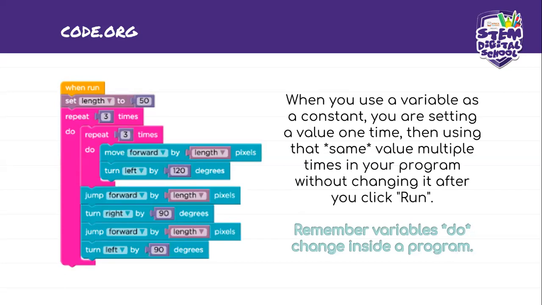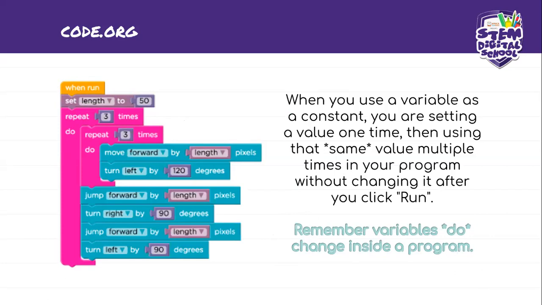But we have to remember, variables do change inside a program. Like the example I gave you of age: every year you want the age to be plus 1, so you would write that into your variable, and your value will change every year.